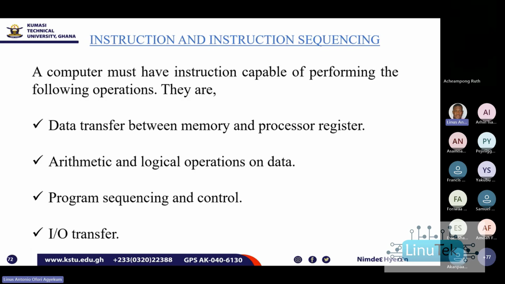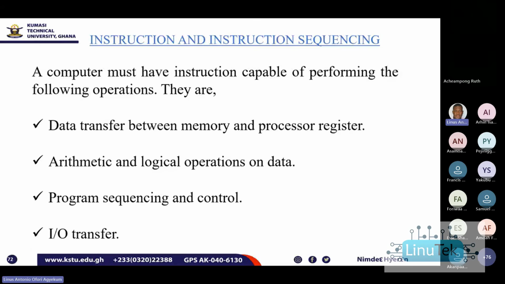Another way of increasing the performance of a computer is instruction sequencing. Now, a computer must have instructions that are capable of performing the following operations.